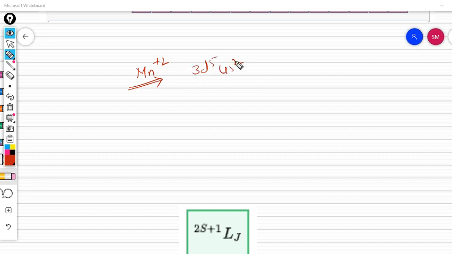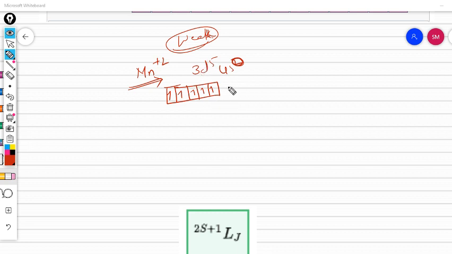In plus 2, the 4s is 0, so the electrons are present only in the d orbital. I am taking a weak field arrangement. No ligands are given, so it is a weak field arrangement. I am just taking it for the example, and you can also take it based on the environment.